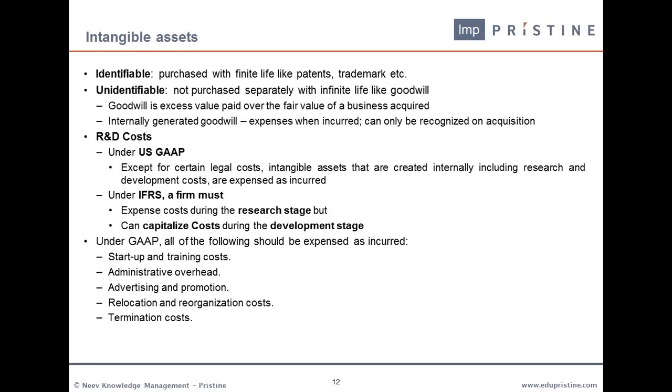Say you bought a patent or a trademark for, say, 20 years, then those kinds of patents are the ones which come under identifiable intangible assets. And the other one, say you have goodwill. Goodwill cannot be identified and it doesn't have a finite life. It has an infinite life, and it is not something which can be identified even if it is intangible.